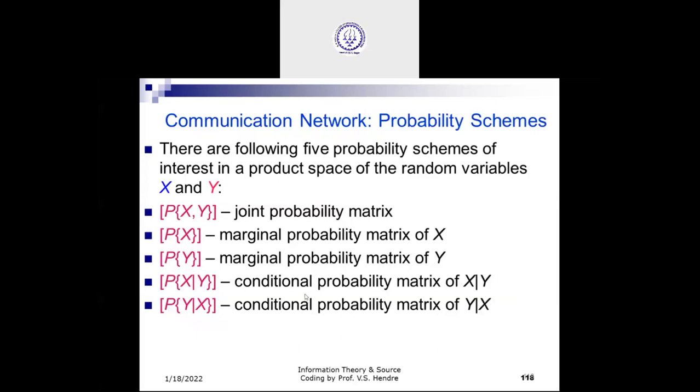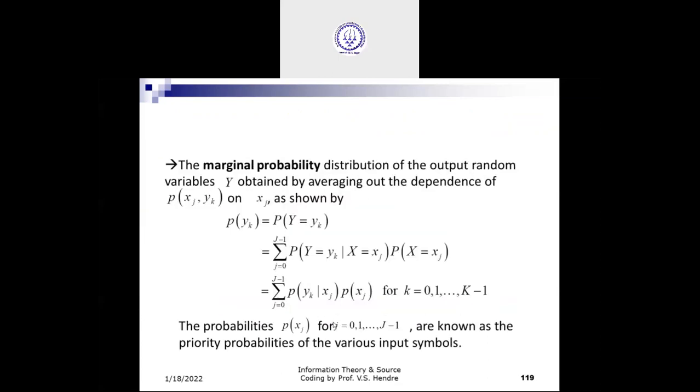Now, we will have these probability combinations which I have already explained to you. Joint probability P of x comma y. P of x is called the marginal probability matrix of x. P of y is called the marginal probability matrix of y. P of x given y is the conditional probability matrix of x given y. P of y given x is the conditional probability matrix of y given x.